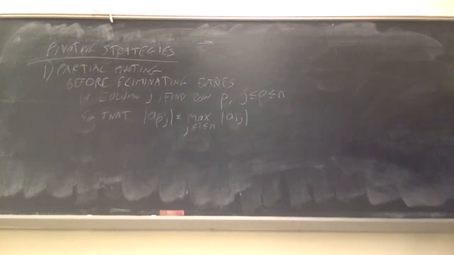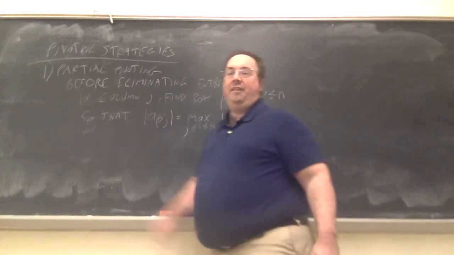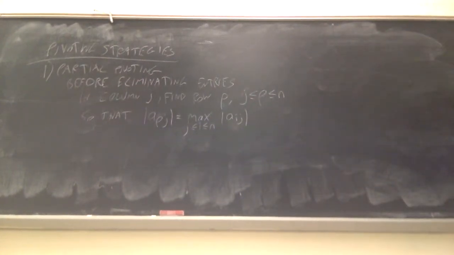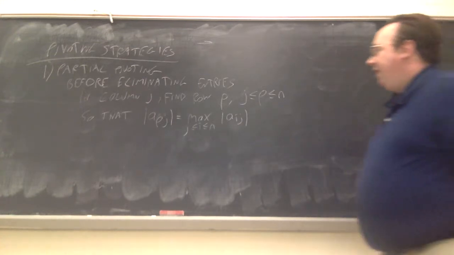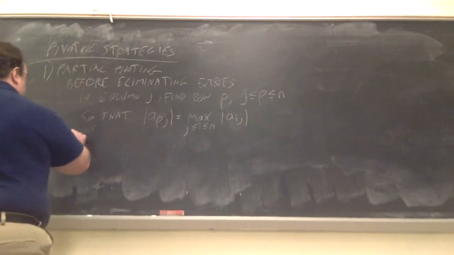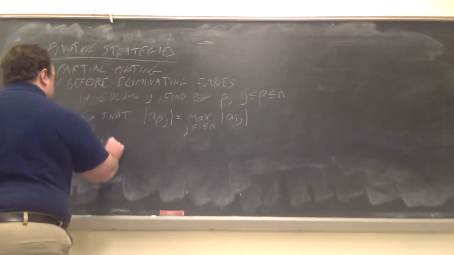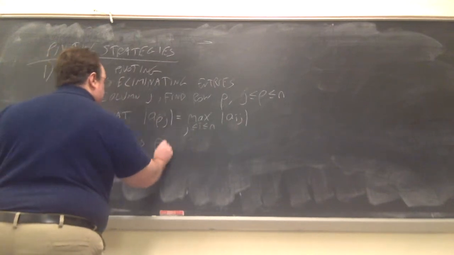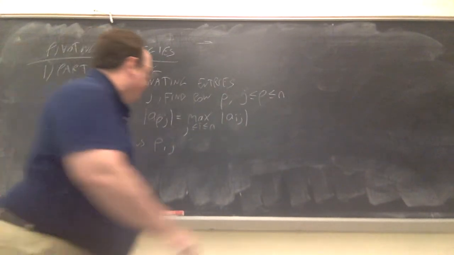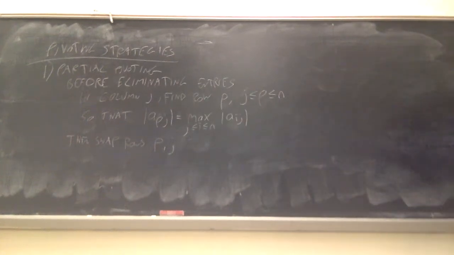So you're starting at the diagonal, looking all the way below it to the bottom, finding out which entry is the largest in magnitude. And once you do, you're going to swap rows P and J. And then you're going to continue with Gaussian elimination like before, and when you move to the next column, you're going to check that again, and so on.